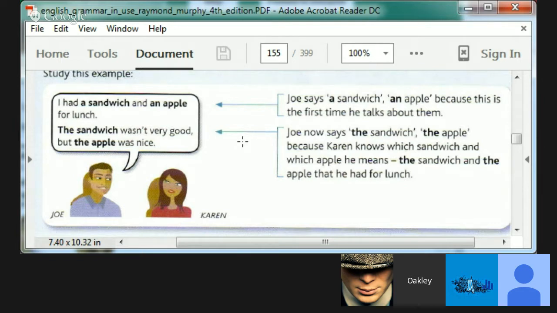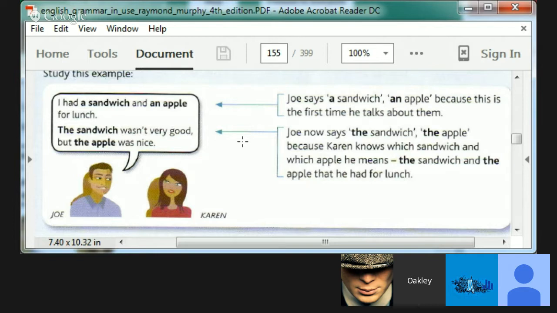The first time you mention any countable noun, of course, sandwiches are countable, and apples are countable. 3 apples. Okay, I had a sandwich and an apple and water for lunch. Water is not countable. I can't have 3 waters.